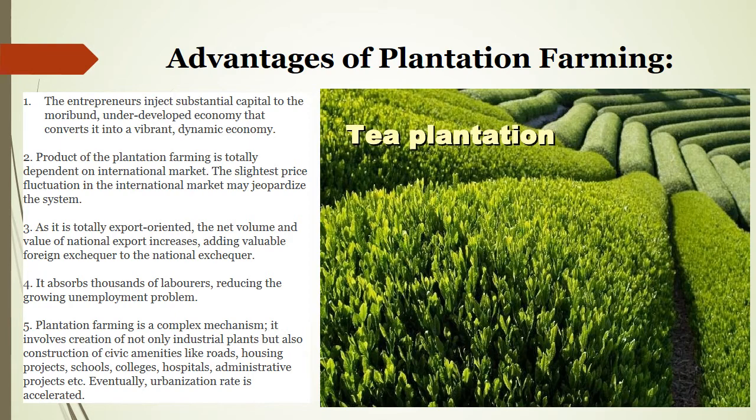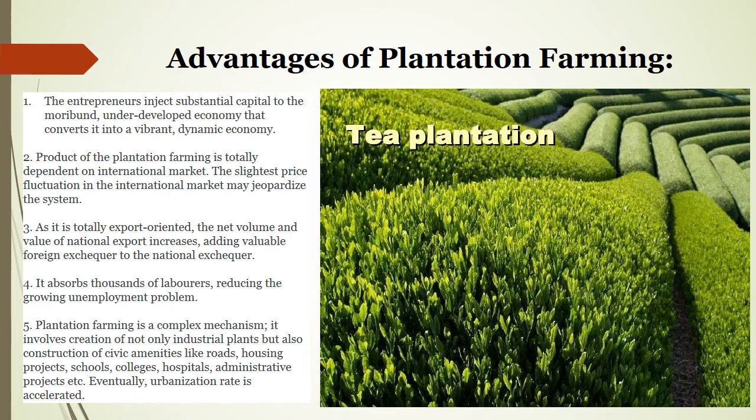So, as a large number of laborers are required for this type of agriculture, unemployment is decreased. There is a lot of employment for different types of laborers. Plantation farming is a complex phenomenon. It involves creation of not only industrial plants but also construction of civic amenities like roads, housing projects, schools, colleges, hospitals, administrative projects.